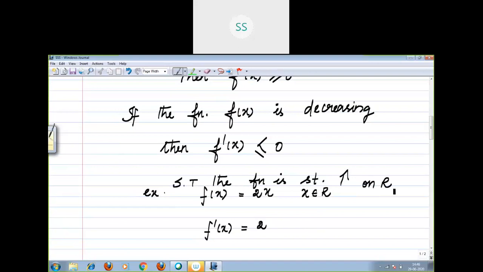The function is given as 2x. When you differentiate, you will get 2. If there is no x, you don't need to substitute any value of x.